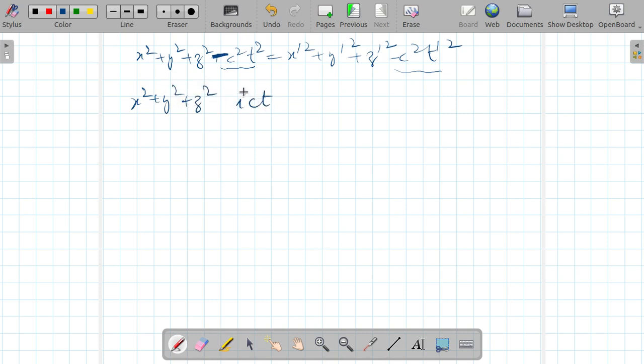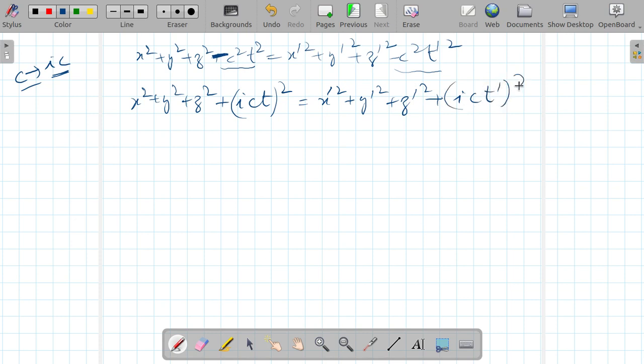In this manner, it is not ct, but it is simply iota c, iota t. Iota is a complex quantity, right? So it is x prime square plus y prime square plus z prime square plus iota ct prime whole square.